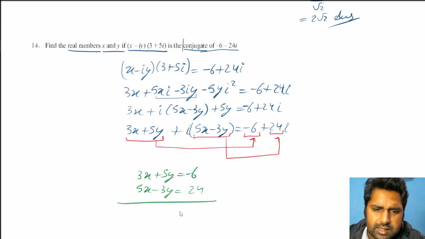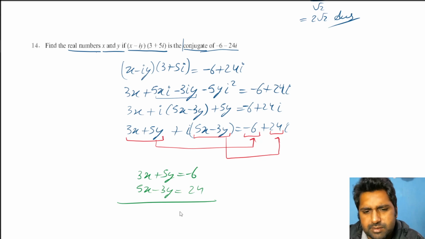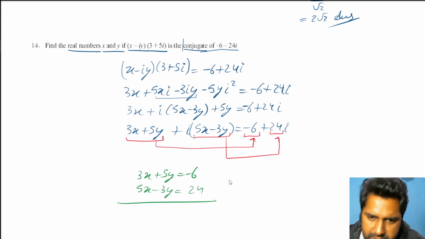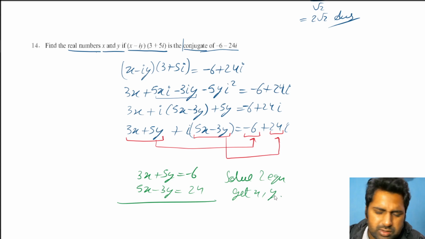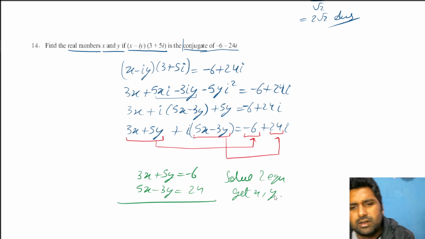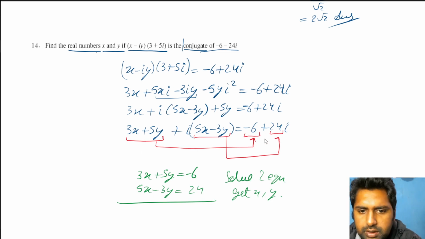So you can solve this, I think. I'm not solving this because the idea is pretty simple here. Solve the two equations, get x and y. It's pretty standard, because the idea of how to generate the condition was much more important here. So the idea is to compare real part with real part, imaginary part with imaginary part. The rest you can solve.